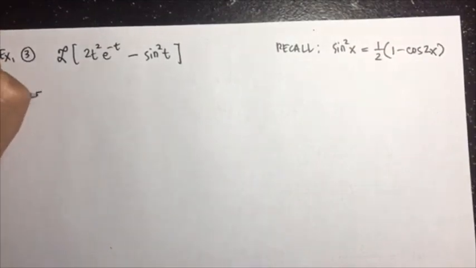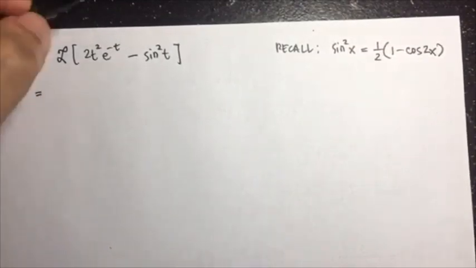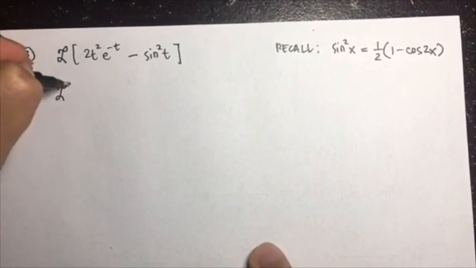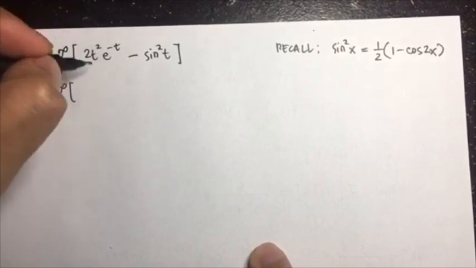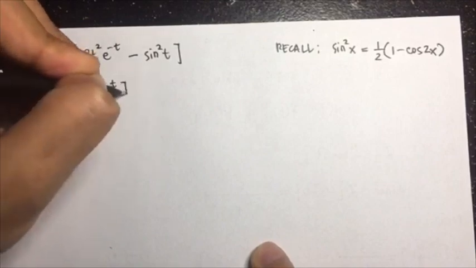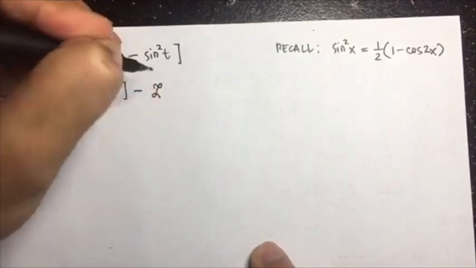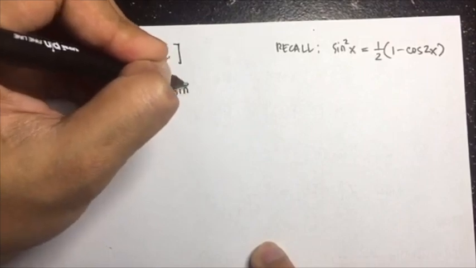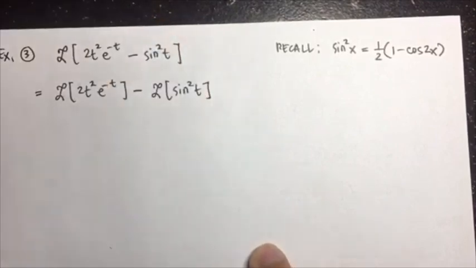So applying first the linearity property, we have Laplace transform of 2t squared e to the negative t minus Laplace transform of sine squared of t.